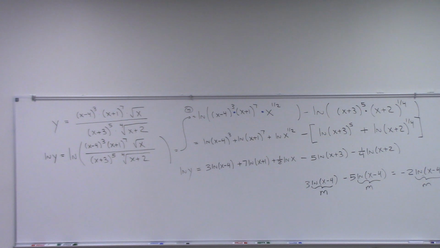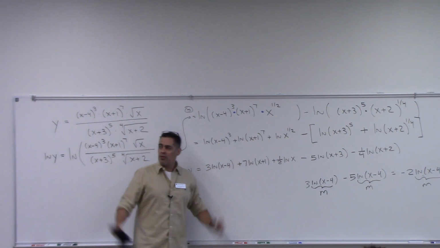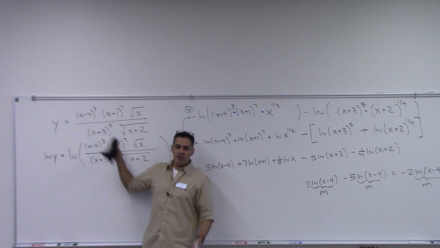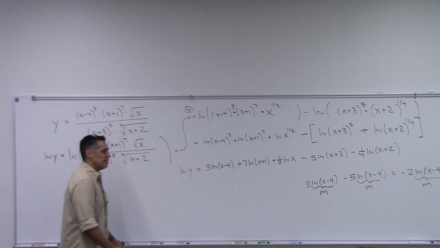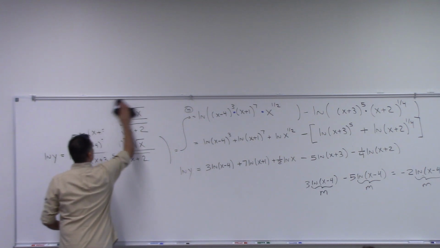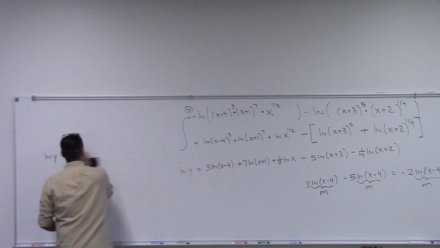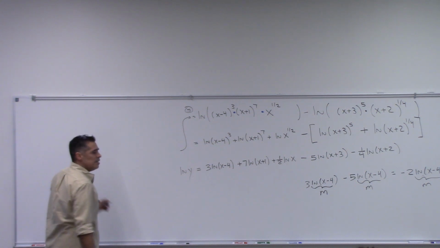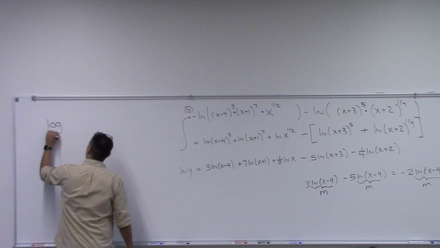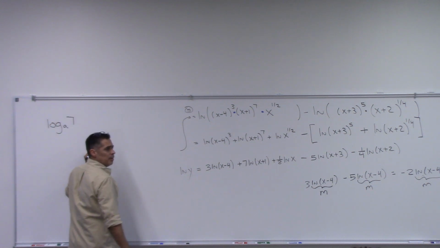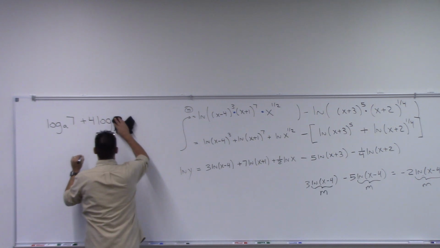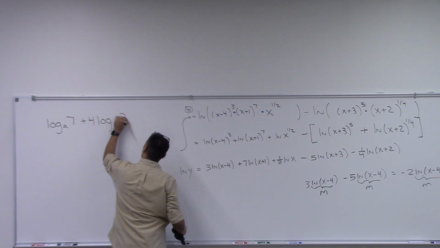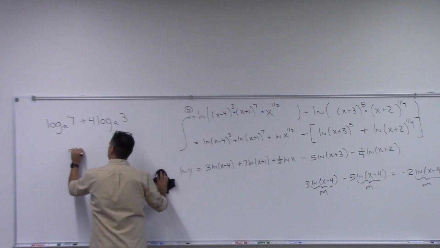What about the other way around? What if I give it to you like this, and you turn it back into this? That's called condensing, and we need to be good at that as well. So we're going to practice that now, and we'll start off with something pretty basic. If I write log base a of 7 plus 4 log base a of 3, we want to condense this.